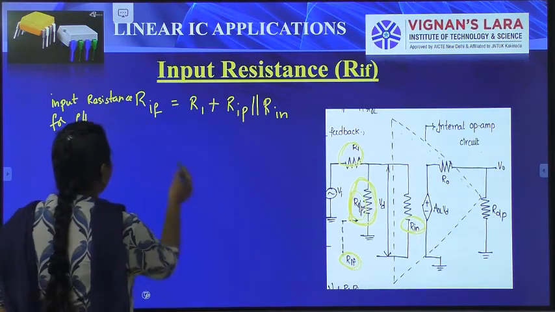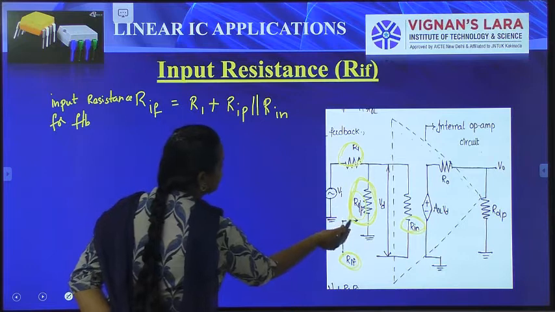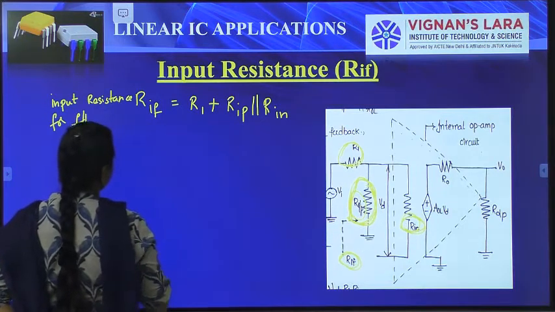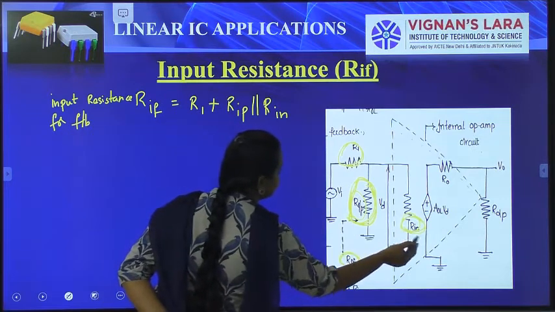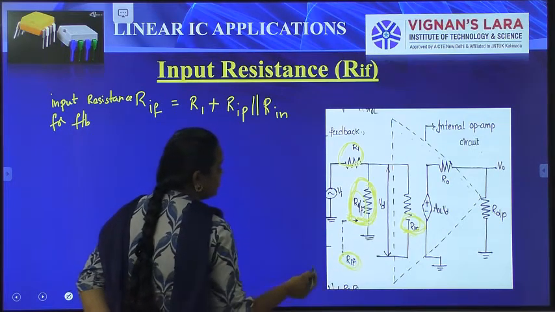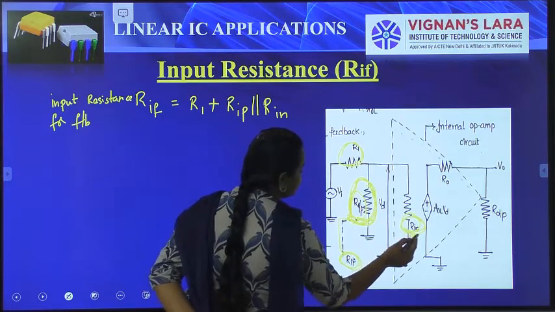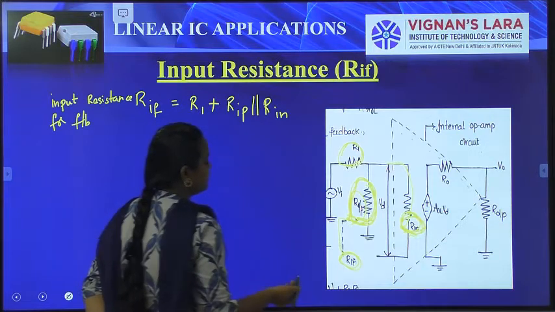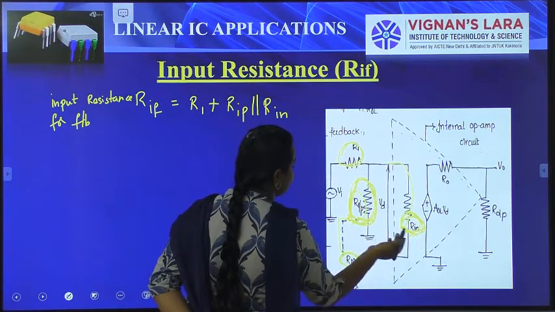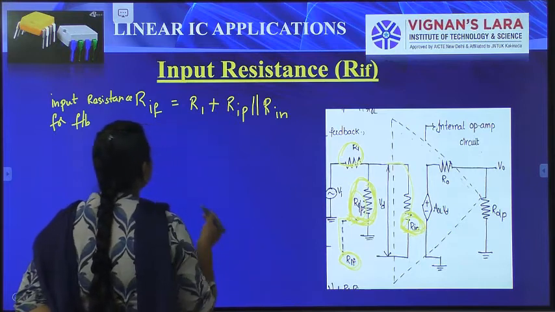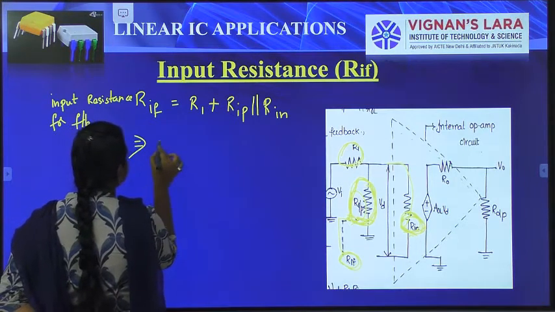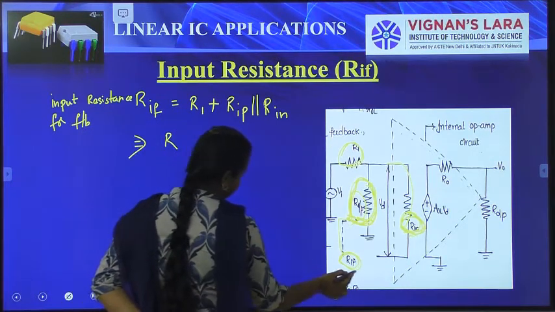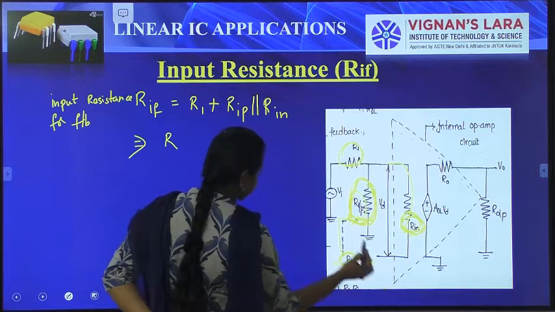Why are these different resistors? Because this one is the feedback resistor, and this is a resistor connected across the input terminals, so they are different resistors. So R input is parallel to R input resistor. I am going to calculate this.